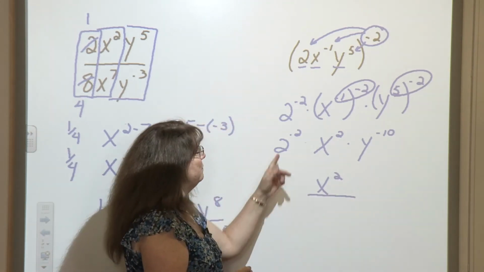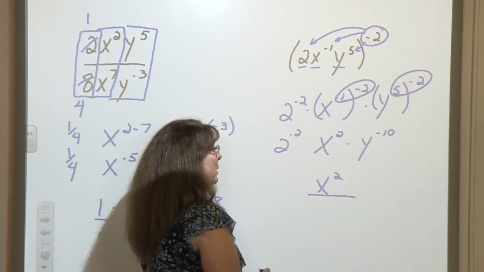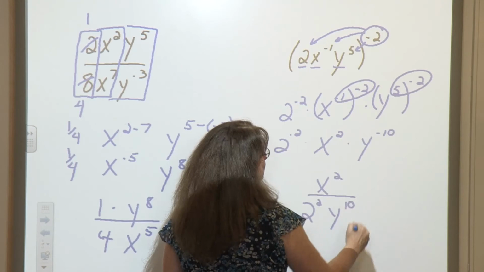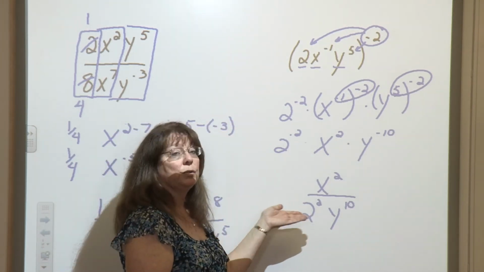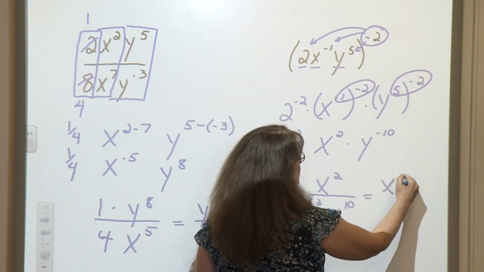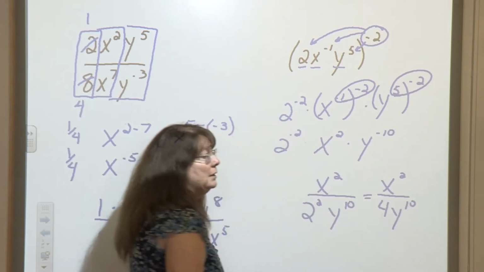And anything that has a negative exponent, I'm going to move down to the denominator to make it positive for my exponent. So I'll have a 2 squared and a y to the 10th. Again, they probably won't leave the 2 being squared. They'll go ahead and actually square the 2. So you typically see this as an x squared on top and a 4y to the 10th on the bottom in the answer section.